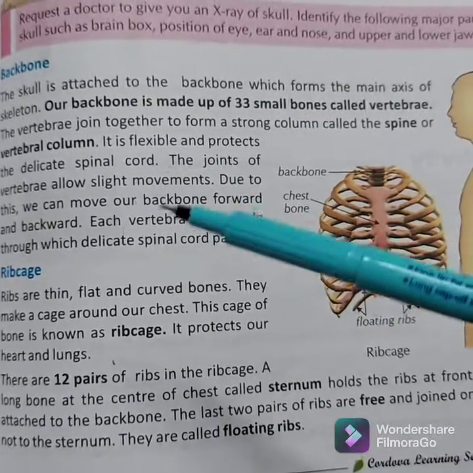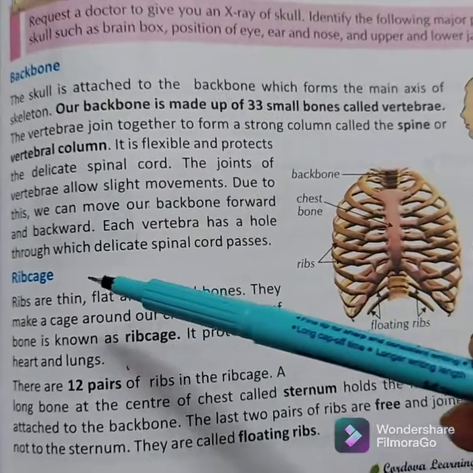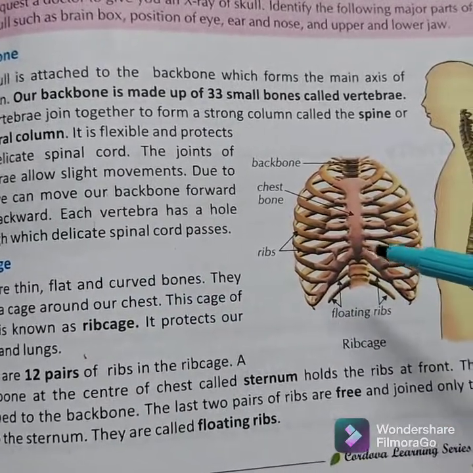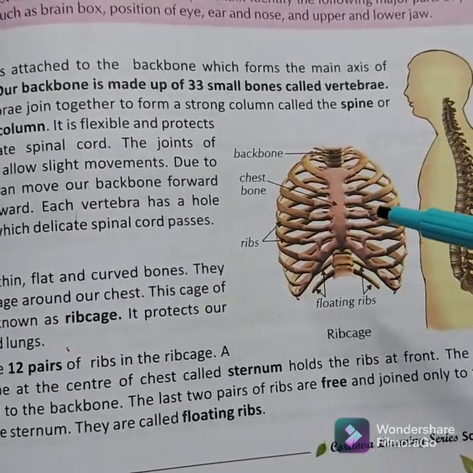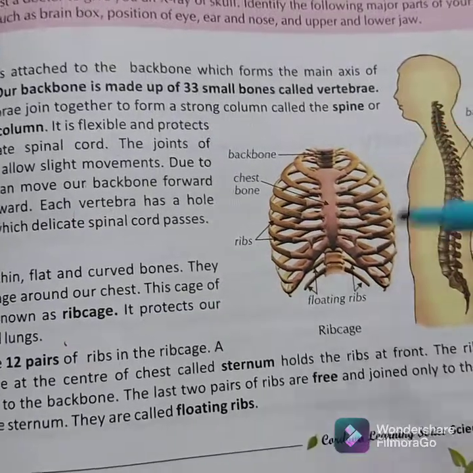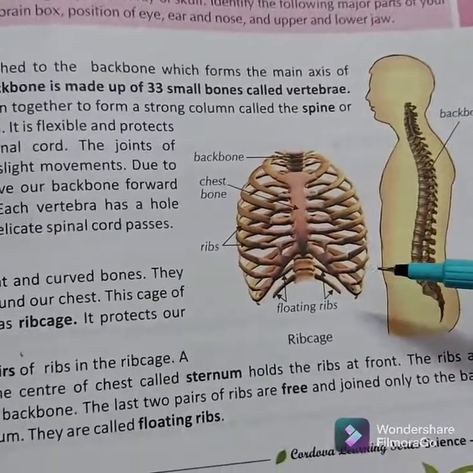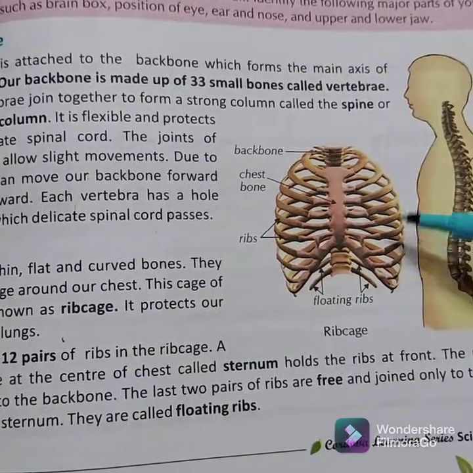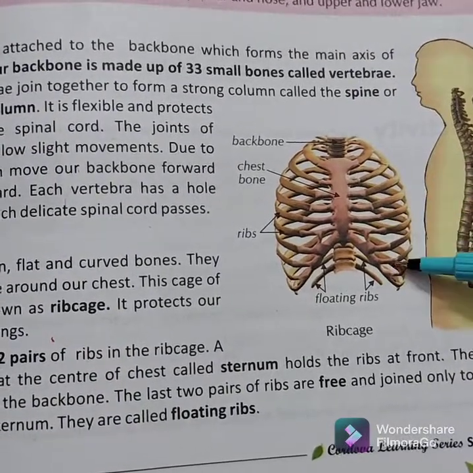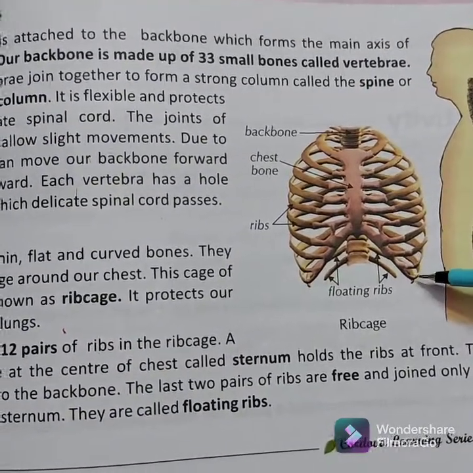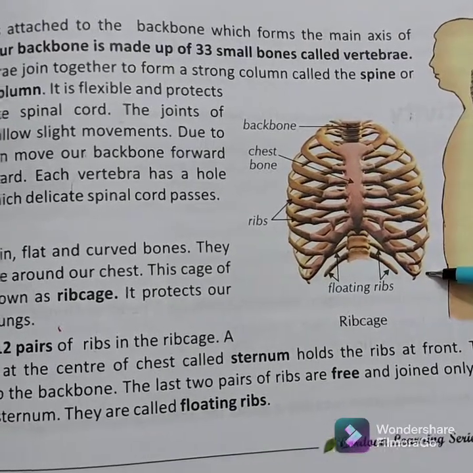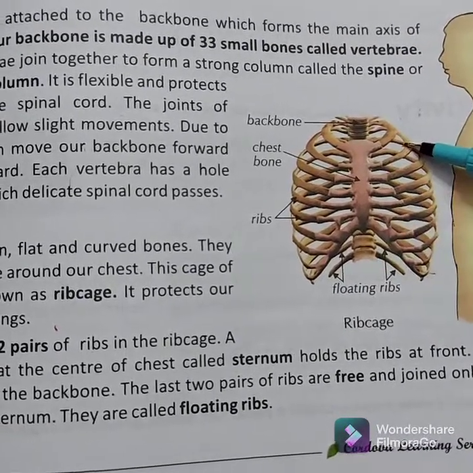The next important structure present inside our body is the rib cage. It is present in the front part of our body. The rib cage consists of these small little bones. There are 12 pairs of ribs, which means 24 bones.